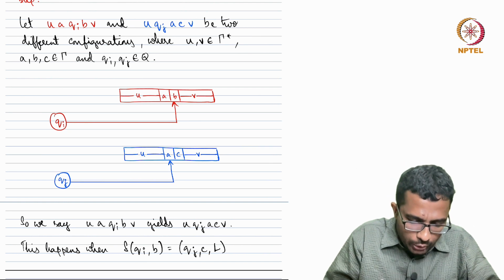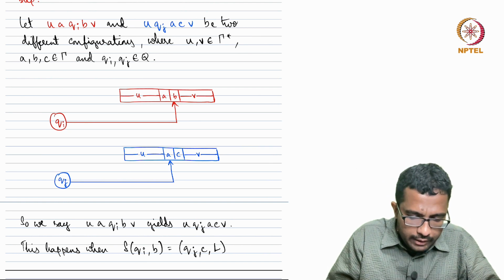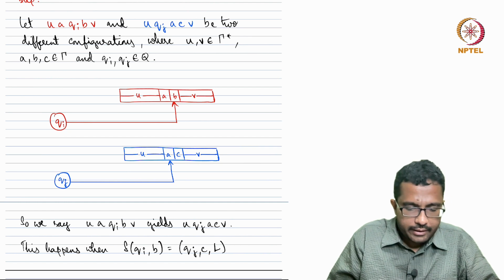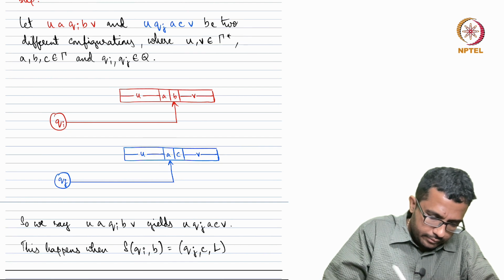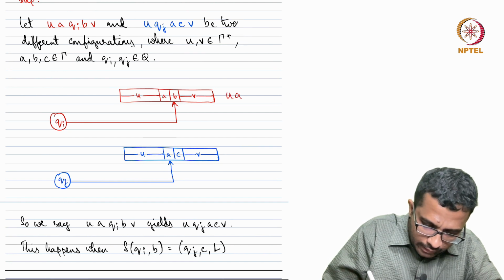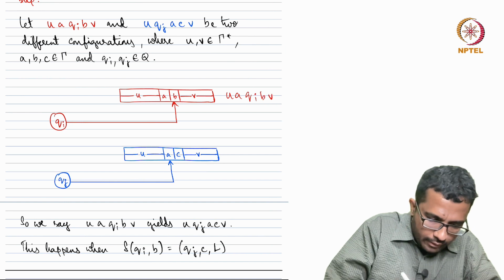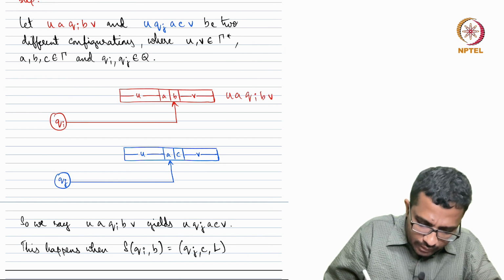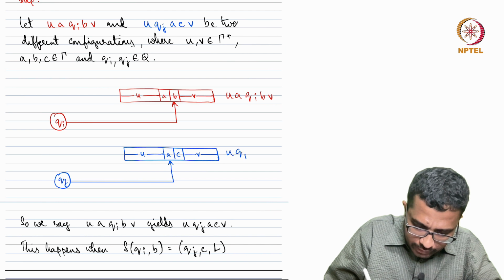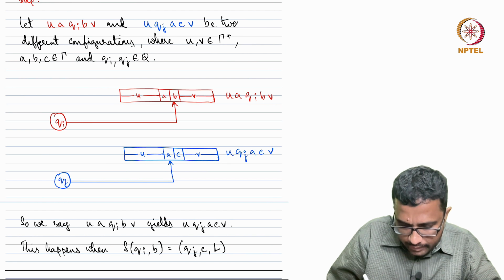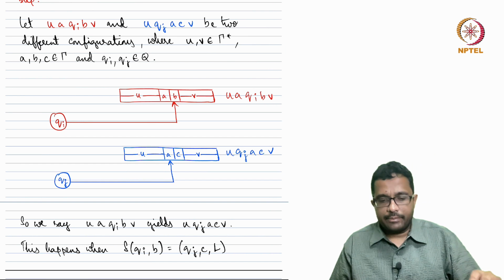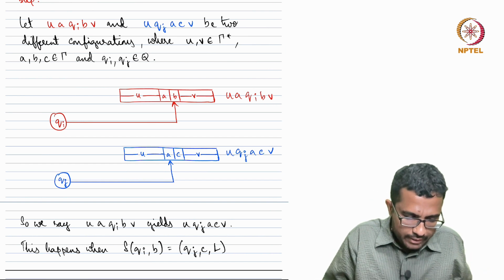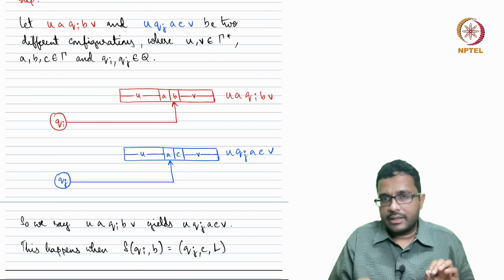So we can say that U, A, Qi, B, V, this configuration, yields U, Qj, A, C, V. So notice that the state in the configuration came one step to the left because the head has moved one step. Here U and V are some strings and A, B, C are single symbols of the tape alphabet.